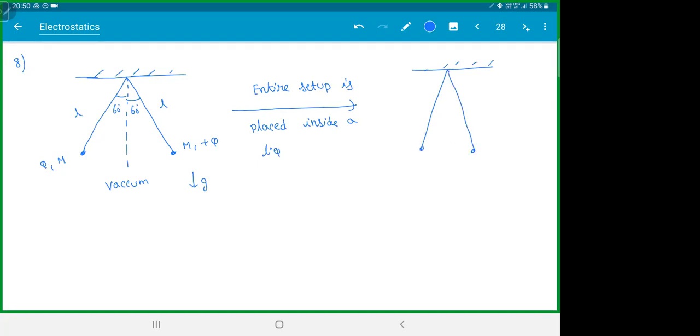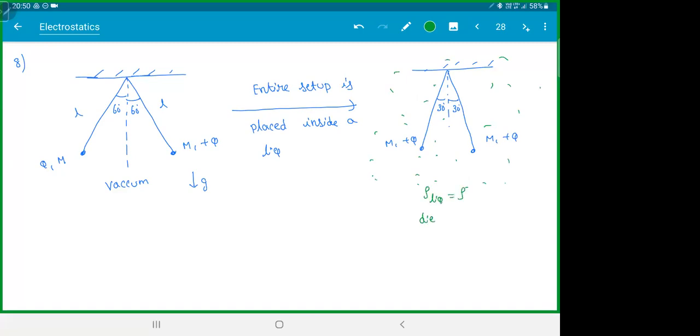And then what happened? The angles became 30 and 30. Mass is the same, charge is the same, and this entire space is filled with the medium. Density of the liquid is rho.